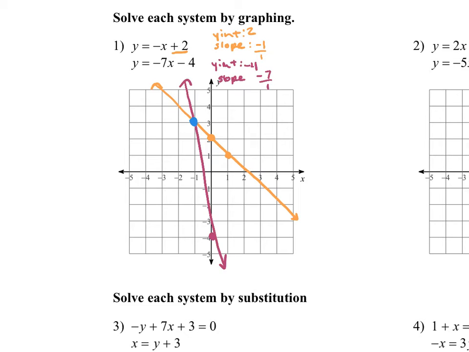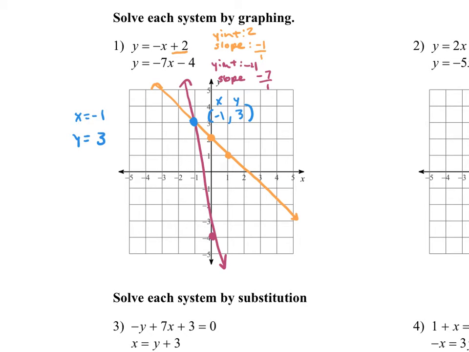How would we label this point? -1, 3. Perfect. So remember, the first number, -1, is our x. The second number, 3, is our y. So x is equal to -1, y is equal to 3.